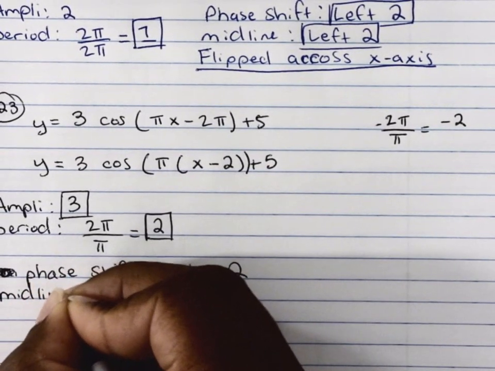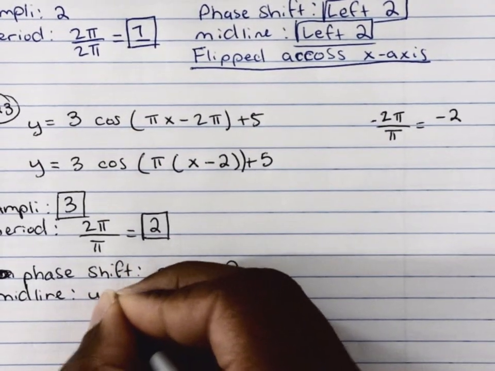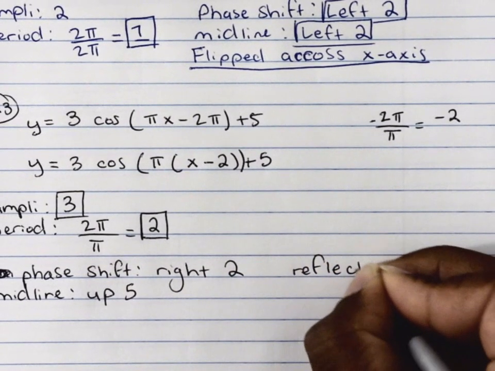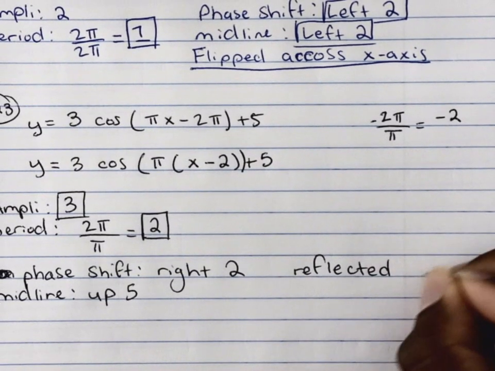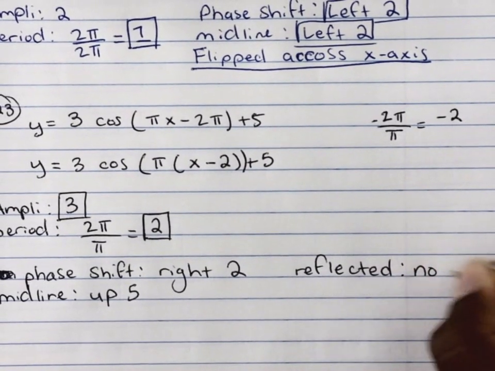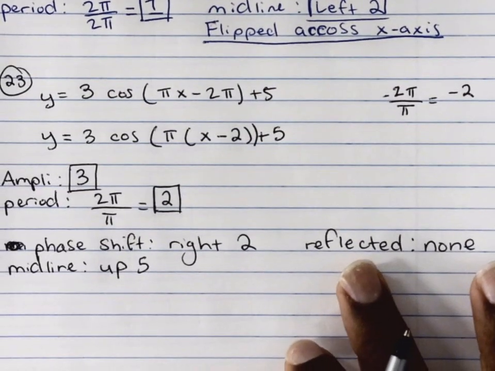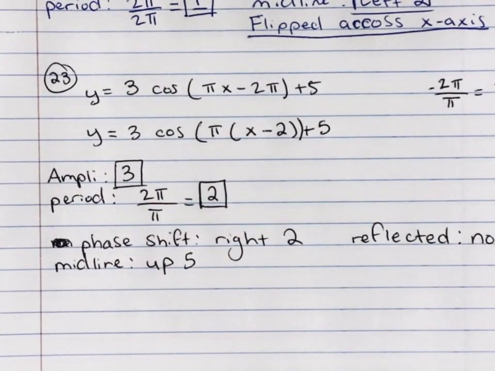Midline is up 5, plus 5 at the end sends me up 5, and then reflected, or flipped I should have said, reflected, none. Maybe I should have said reflection, but it is not flipped because A is positive and B is negative.